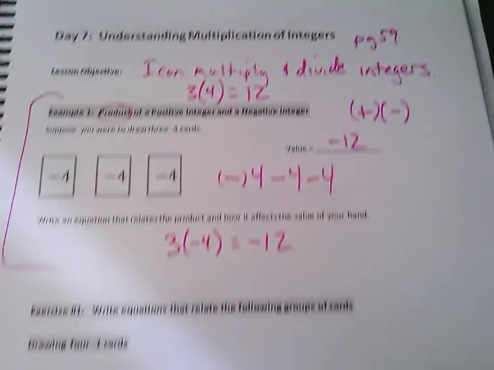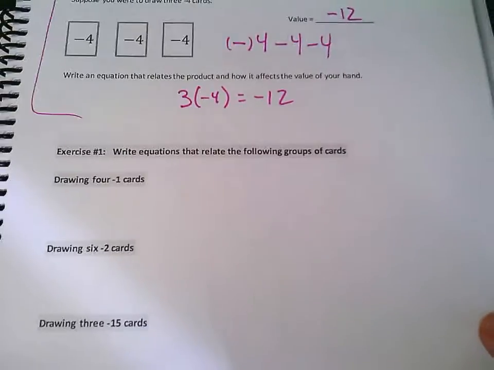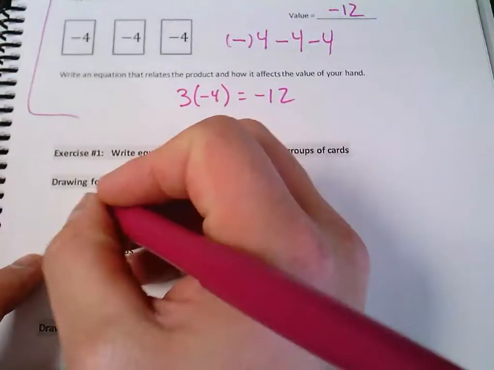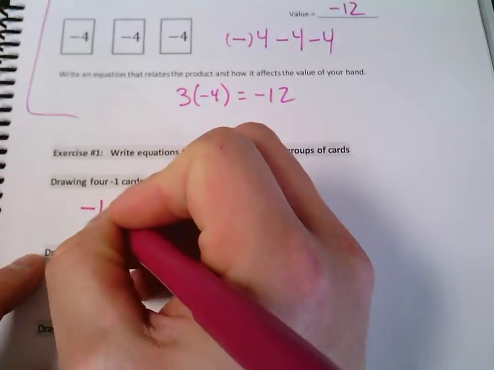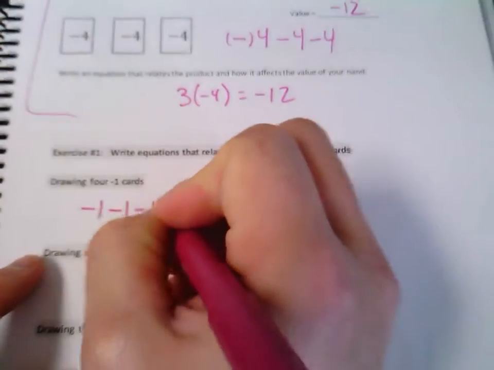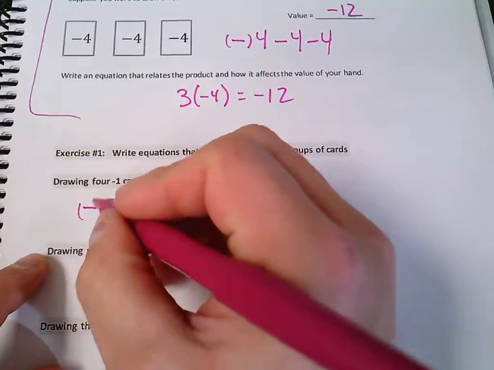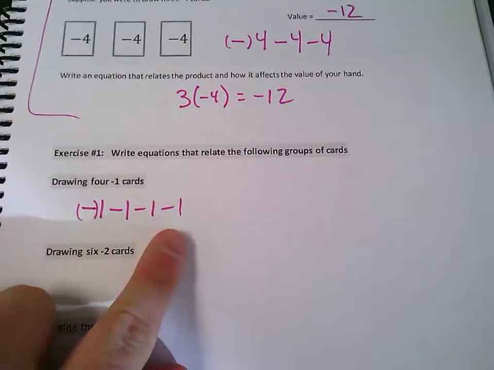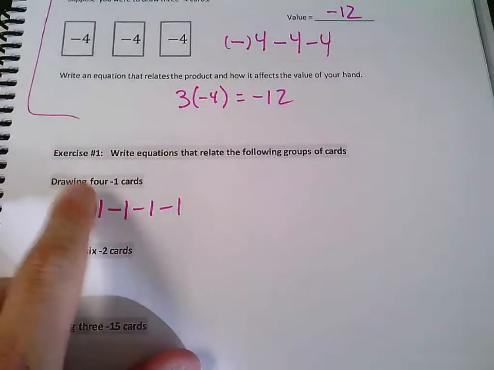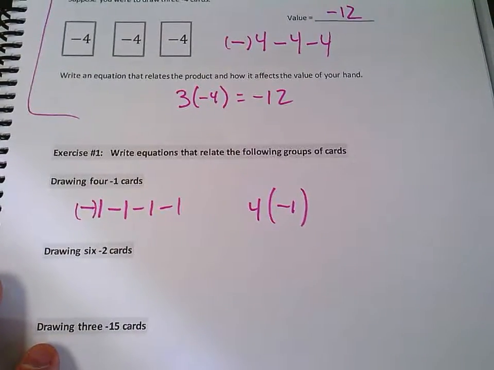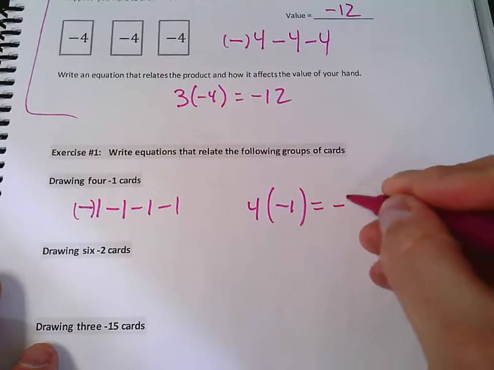In the exercise down here, let's look at what happens when we draw other groups of negative cards. So drawing 4 negative cards, you'd have -1, -1, -1, -1. You would have to punch this all in the calculator, or we can use it as, if we draw 4, we have 4 -1 cards. And if we draw 4 -1 cards, we will get -4.